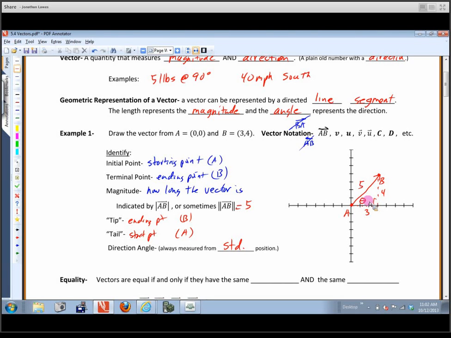There are lots of different ways to do that, but if I know I went 3 this way and 4 up to get from the tail to the tip, then I could figure out that the tangent of theta is equal to the opposite over the adjacent, or theta in this case is going to be the tangent inverse of 4 over 3.